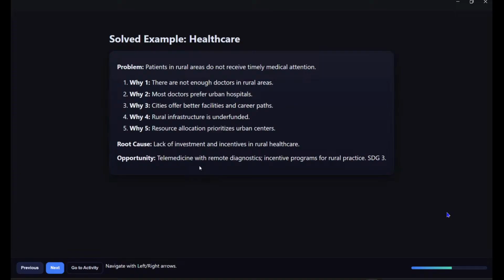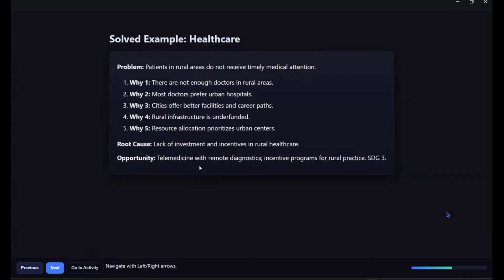Most doctors prefer urban hospitals because cities offer better facilities and career paths. But why? Because rural infrastructure is underfunded. But why? Resource allocation prioritizes urban centers.